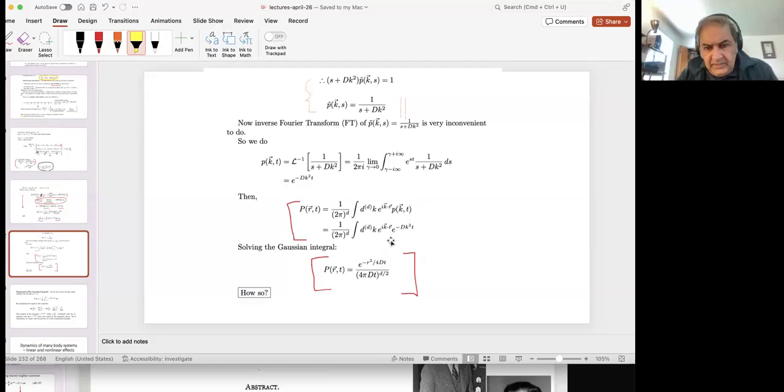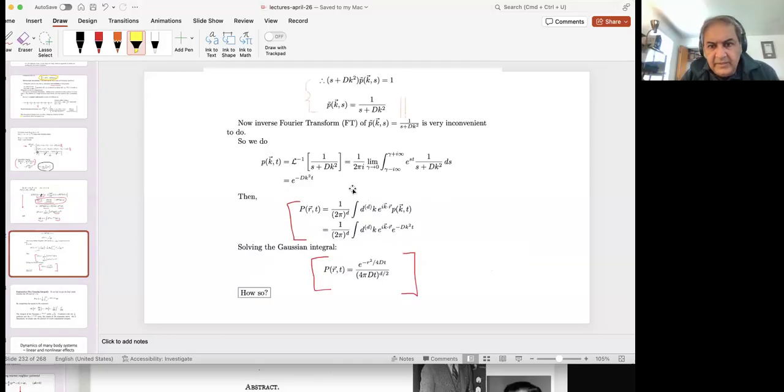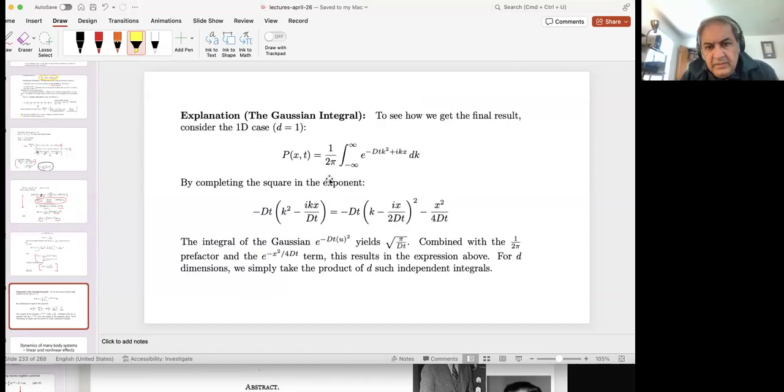And the way it works is p of x, t. If you go back here, the left side, that is p of x, t. D is equal to 1, so 1 over 2 pi only, not 1 over 2 pi raised to power d. And this is now your, what is it, the Fourier transform.